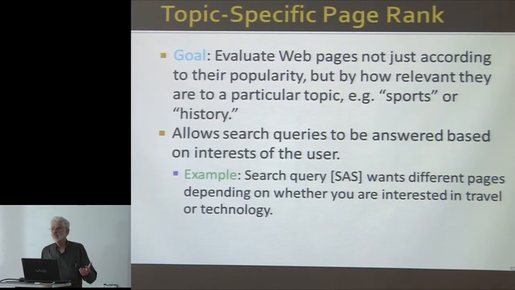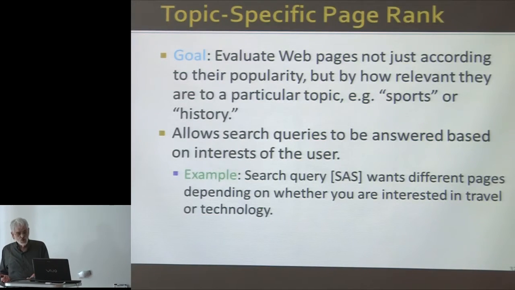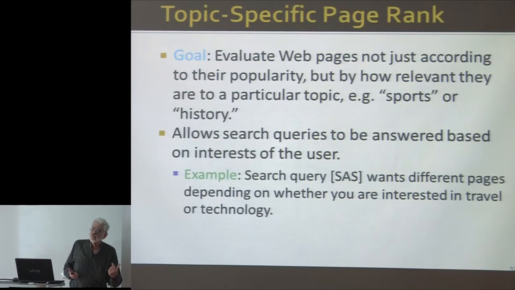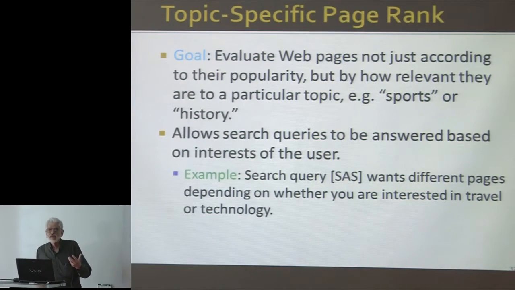There is one. Okay. If I'm interested in automobiles, I'm interested in the Jaguar car. And so if you know what topics I'm interested in, you can bias the PageRank in such a way that I will more likely see pages that are in the topic that I'm interested in. Now it's a little bit tricky to do that. But it can be done, and it has been done.